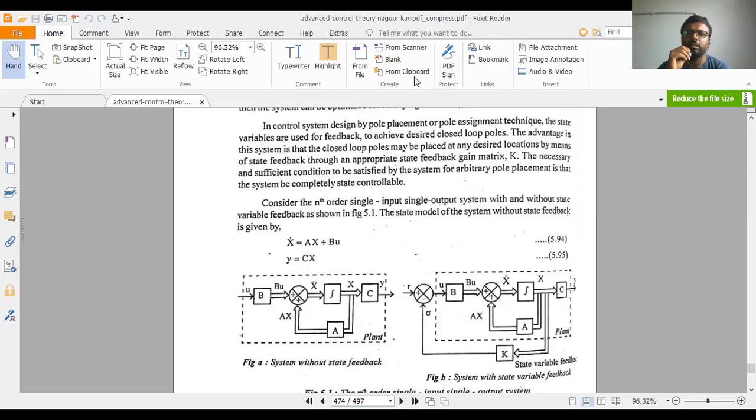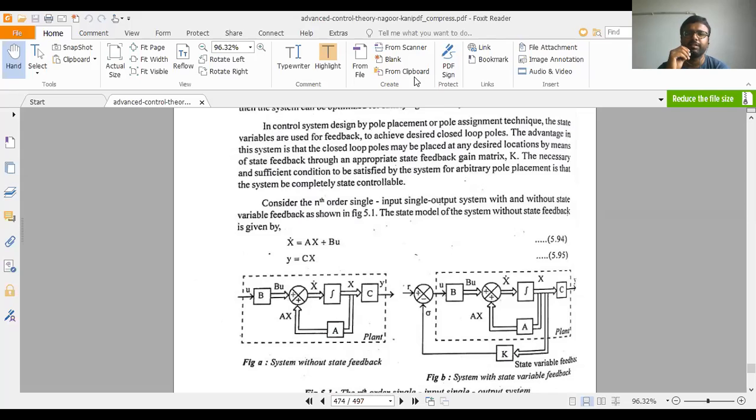So the main advantage regarding this particular closed loop poles is that with the estimation of the state feedback gain matrix K, we can estimate the state feedback controller. That means with the help of the closed loop poles, we can determine the state feedback gain matrix so that it is very convenient for us to design the state feedback controller.